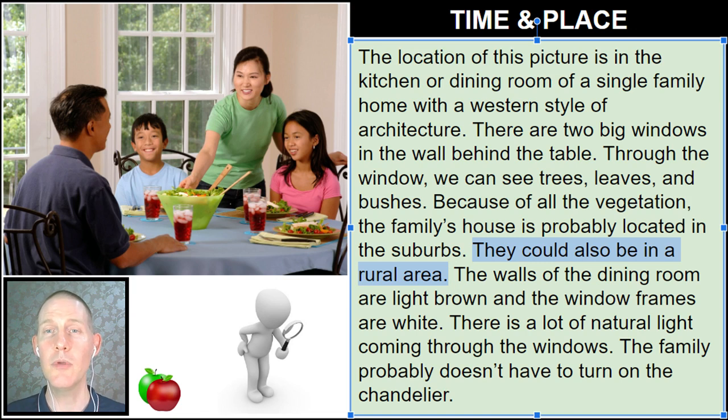They could also be in a rural area. The walls of the dining room are light brown, and the window frames are white. There is a lot of natural light coming through the windows. The family probably doesn't have to turn on the chandelier.